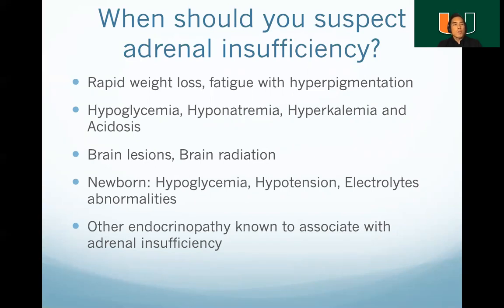If you look in a textbook, it's a long list because some of these are so non-specific, right? Patients can have rapid weight loss, they can become fatigued with hyperpigmentation, or they can have hypoglycemia, hyponatremia, hyperkalemia, and acidosis, and not necessarily the combination of both hyponatremia and hyperkalemia. Patients can just have hyponatremia. I've seen patients with Addison's that present with just hyponatremia.